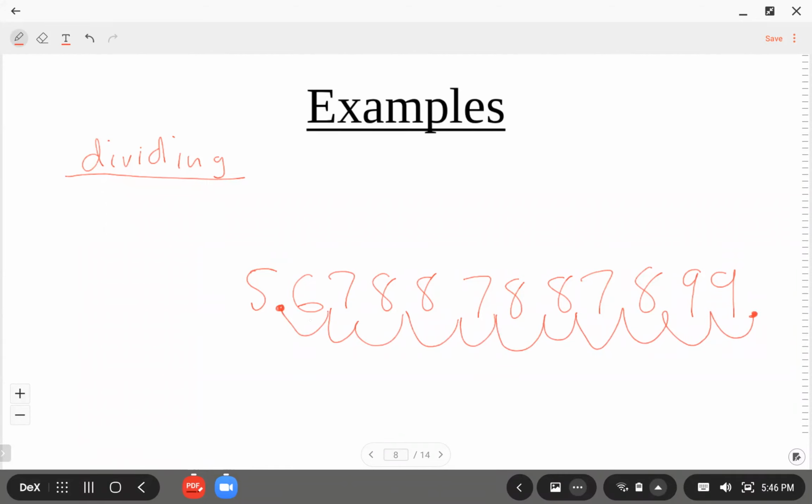So let's say 1, 2, 3, 4, 5, 6, 7, 8, 9, 10, 11. I think that's 11 spaces. Might be 12. Anyways, you get 5.67, something like that. You're probably going to round it, times 10 to the 11th. That is what you're going to get in scientific notation, and that is my way to solve it.